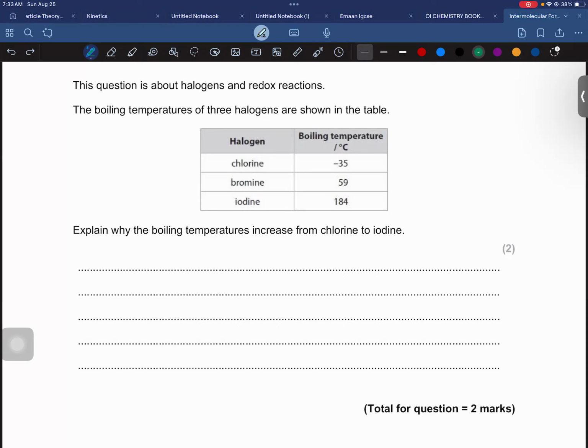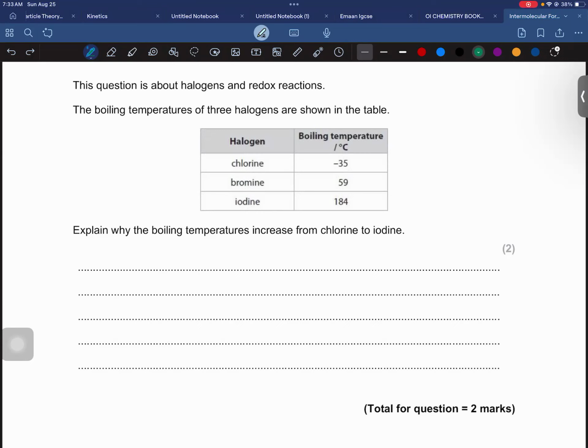Chlorine has fewer electrons, so its IMF is less than iodine. Iodine has a greater proton number as compared to bromine, and bromine is greater than chlorine. Chlorine is 17.